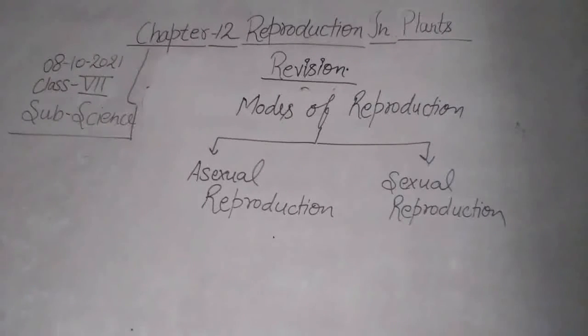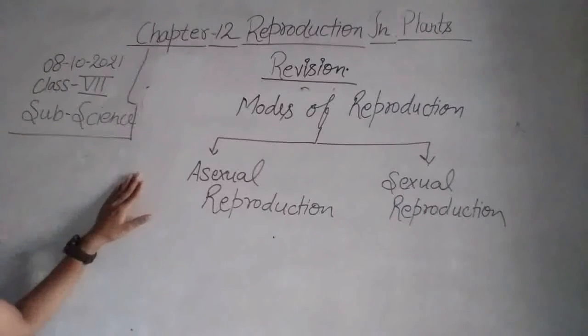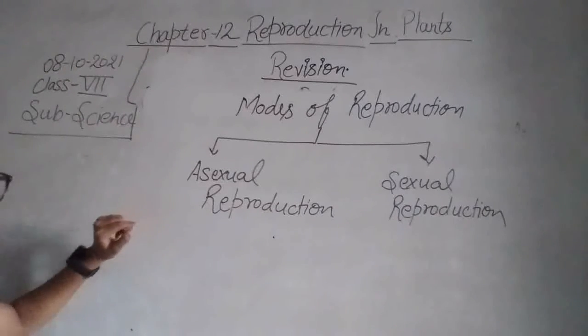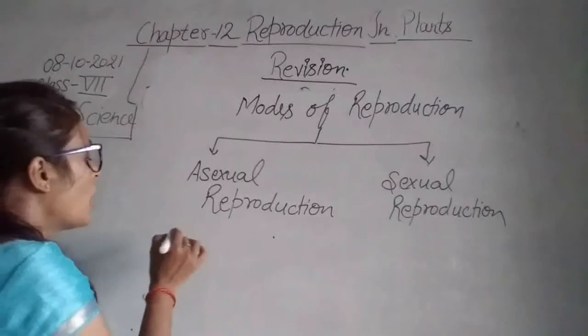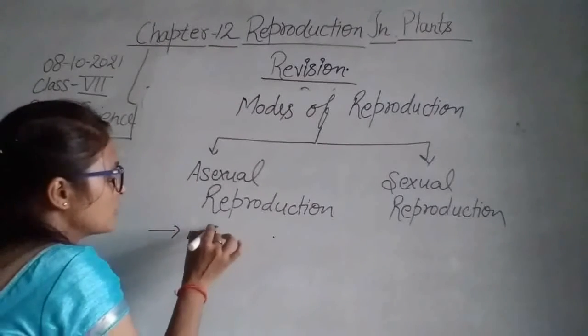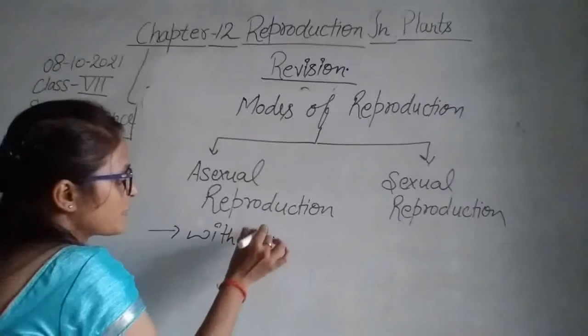In asexual reproduction, plants can give rise to new plants without seed. Main point is without seeds.